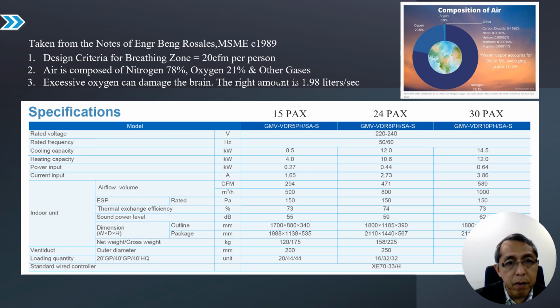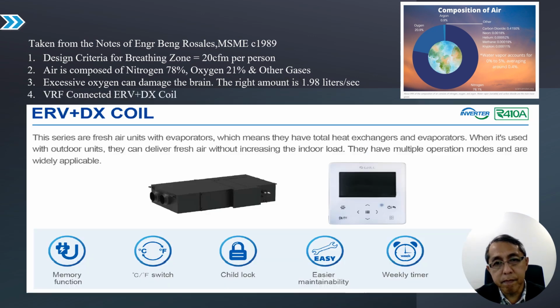So we have an available fresh air processing unit with different airflow volumes of 294 CFM, 471 CFM, 589 CFM. These are good for 15 packs, 24 packs, and 30 packs. There is also an ERV with DX coil. You can order this one with GRI.